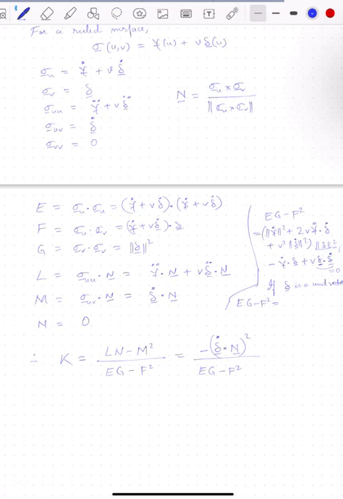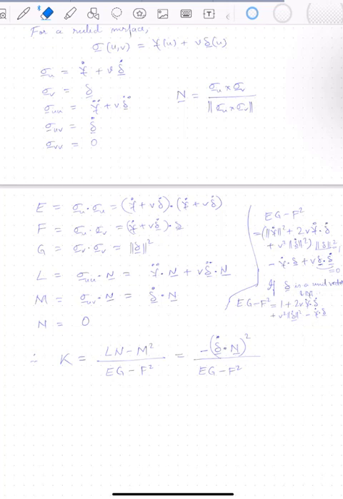And even if gamma is also a unit speed curve, then this will be 1 plus 2v gamma dot delta dot plus v squared, then delta dot whole squared, minus gamma dot delta dot plus v, plus 0, right?